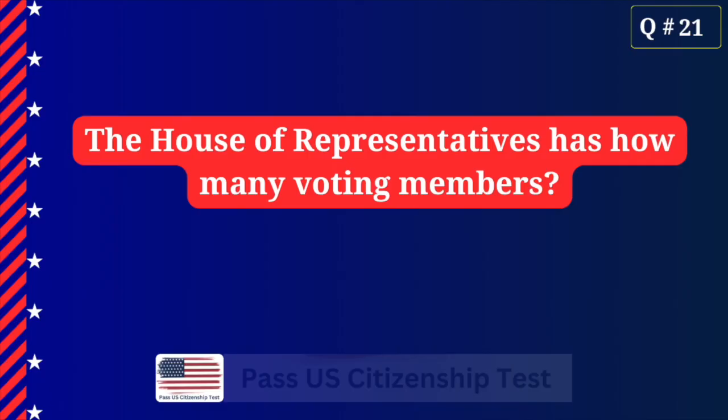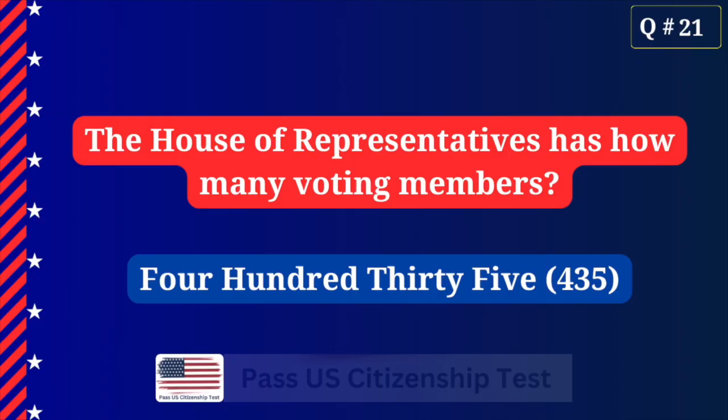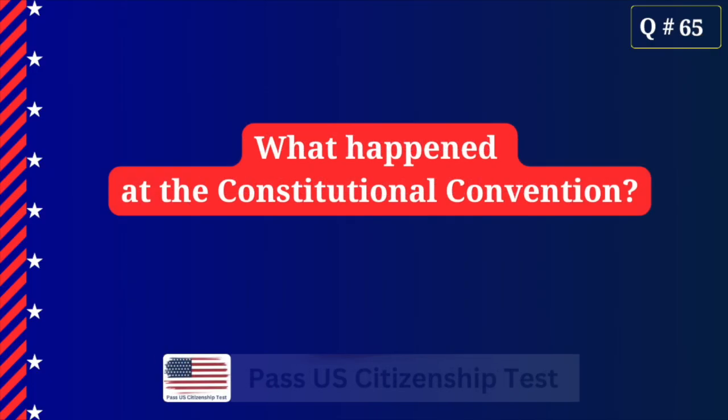The House of Representatives has how many voting members? 435. What happened at the Constitutional Convention?